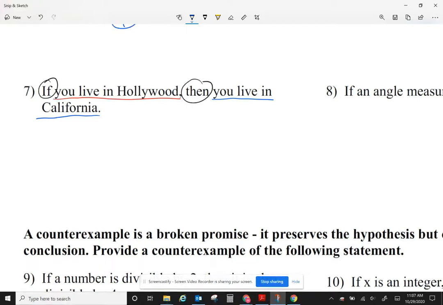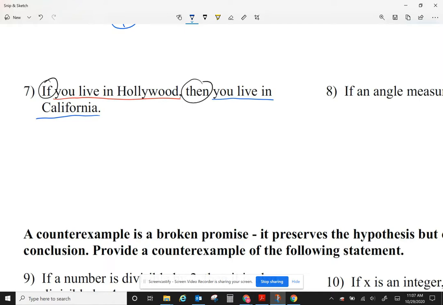So I want something that is Hollywood. I want to think of a city that is Hollywood, but not in California. I can use Google, I can use maps, I can use my knowledge. Now, in Florida, right above Miami, north of Miami, there's a little place called Hollywood, Florida. I was looking for a place called Hollywood that was not in California, and I just found it.